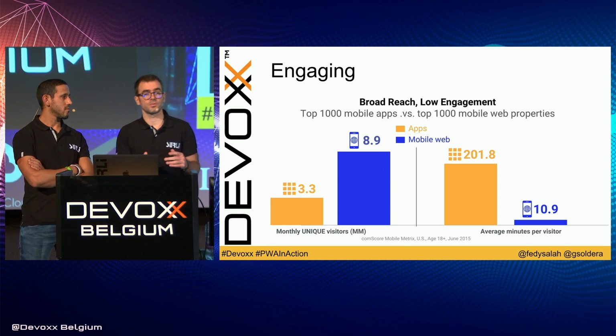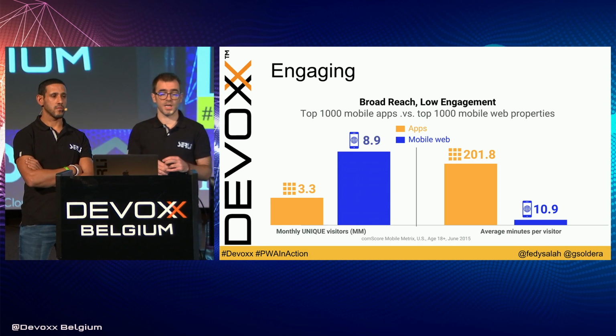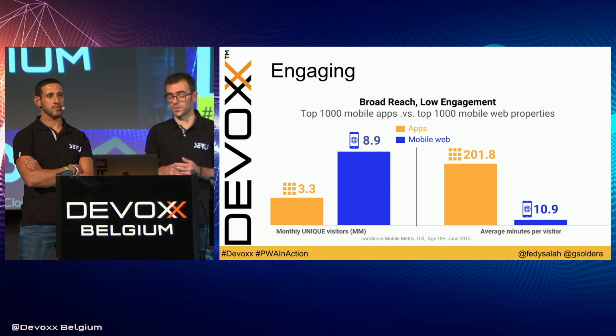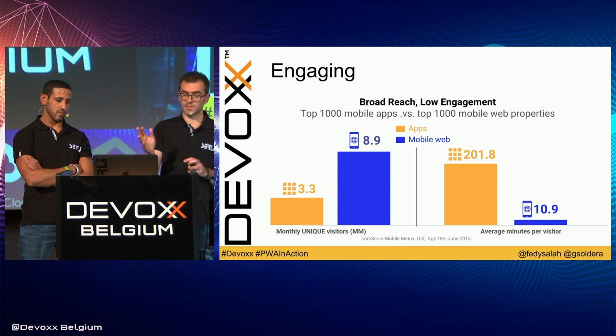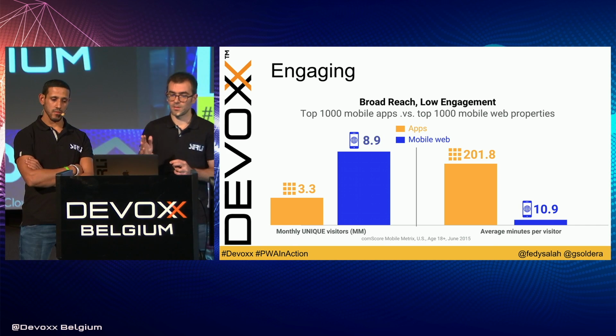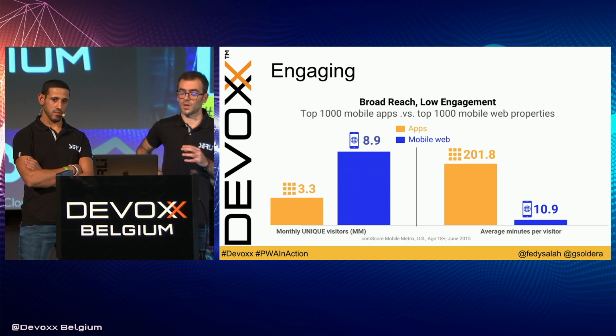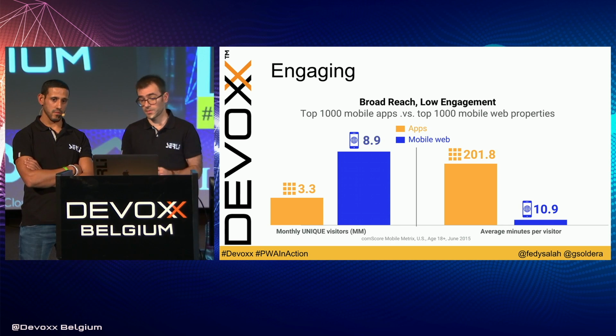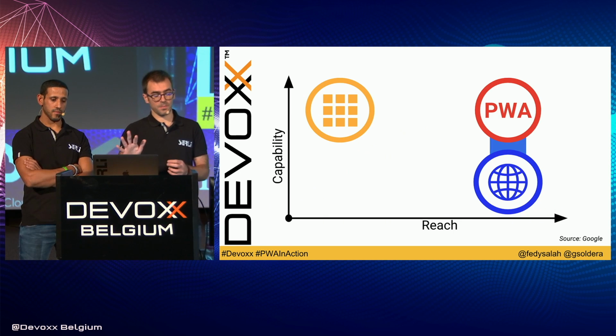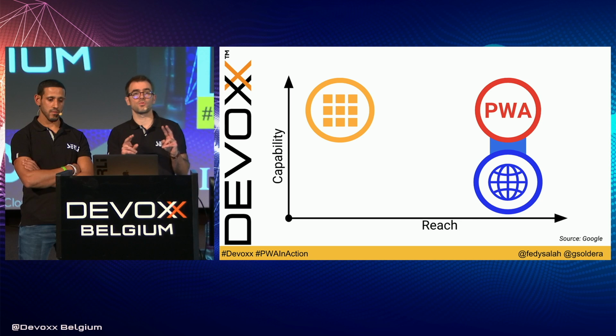On the web, you search in your search engine, you find your answer, you click, and that's it. At the same time, we can see that native apps kept more attention than web apps. It's due to notifications. So a progressive web app is a mix of these two worlds.